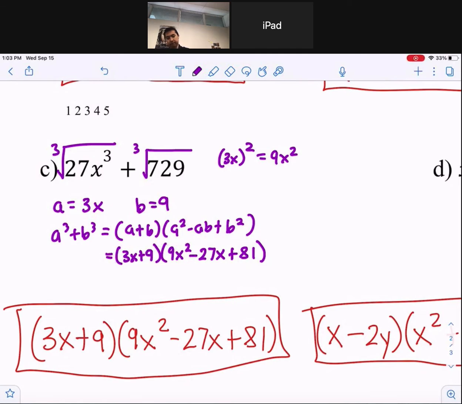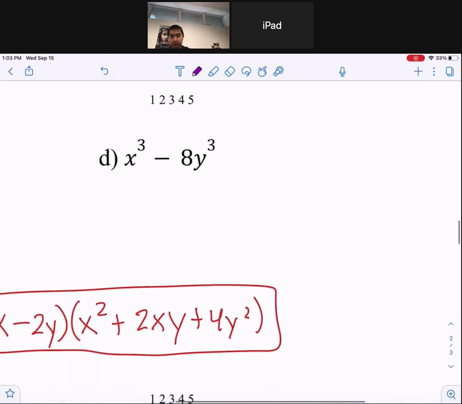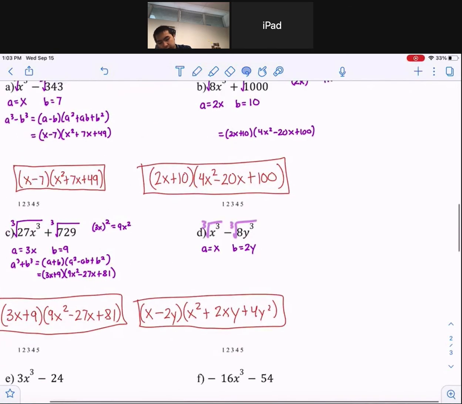Okay, D. They're both perfect cubes, so we can take the cube root of both of them. What times itself 3 times is x to the third? x. What times itself 3 times is 8y to the third? 2y. Now I'm just going to drag this formula down because this is the one.